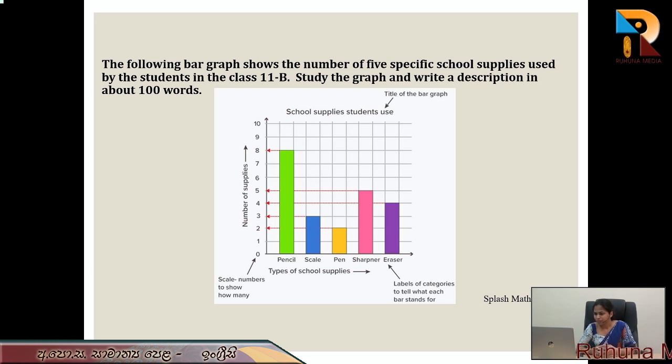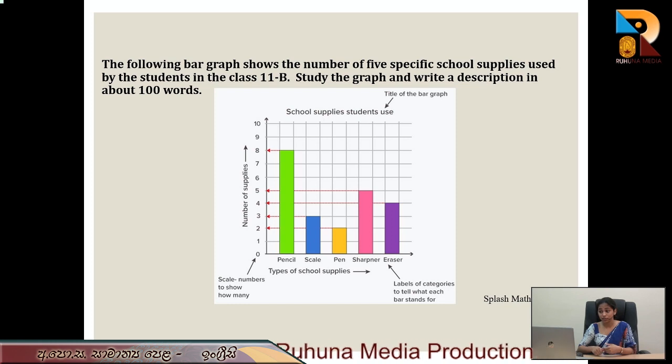And the x-axis of the bar graph shows the types of school supplies, which are pencils, scales, pens, sharpeners, and erasers. And the y-axis of the bar graph shows the number of supplies used, right?